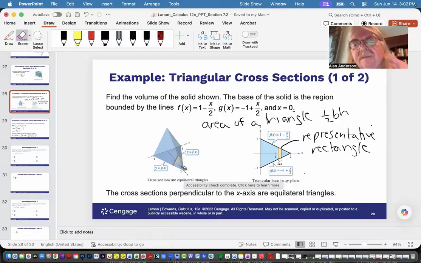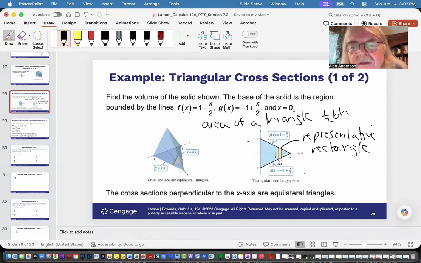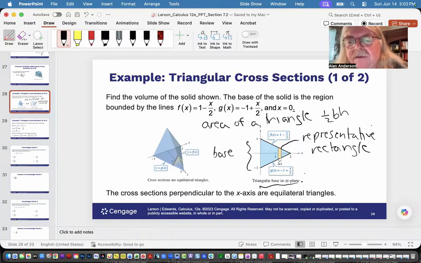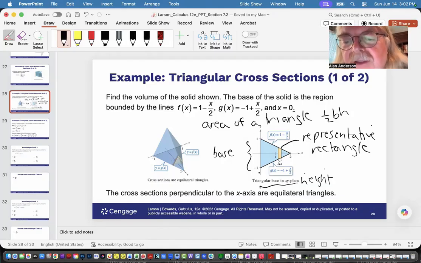Okay, so here's our representative rectangle. Now the area itself, though, if you notice that blue shaded region is actually a triangle. And the area of a triangle, as you recall, just any generic triangle is 1/2 base times height, which in this case this would be considered the base, and this would be the height. But they're throwing a clue at us down here. If you notice, these two sides are equal to each other, and this becomes known as an equilateral triangle.